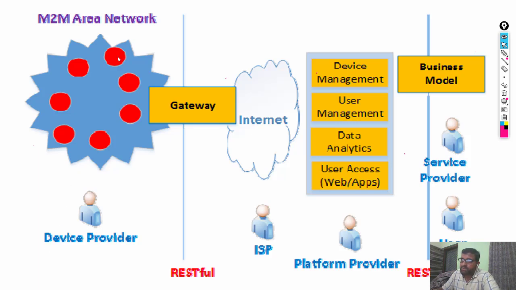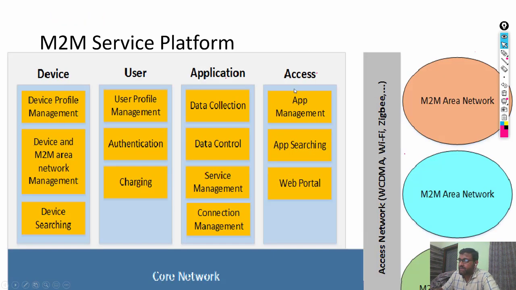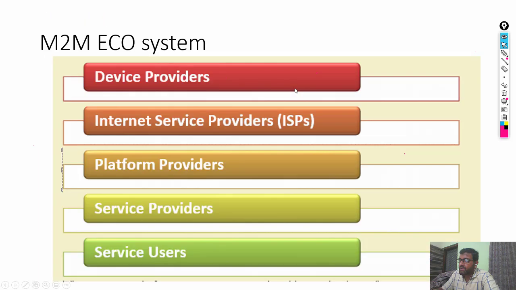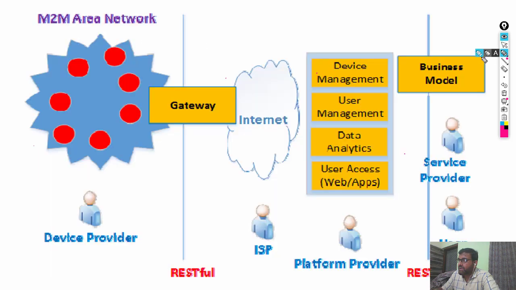Here, device provider. Suppose these are the devices: the low-end, high-end, and mid-end nodes, machine to machine nodes, and the person who provides these nodes is known as the device provider.